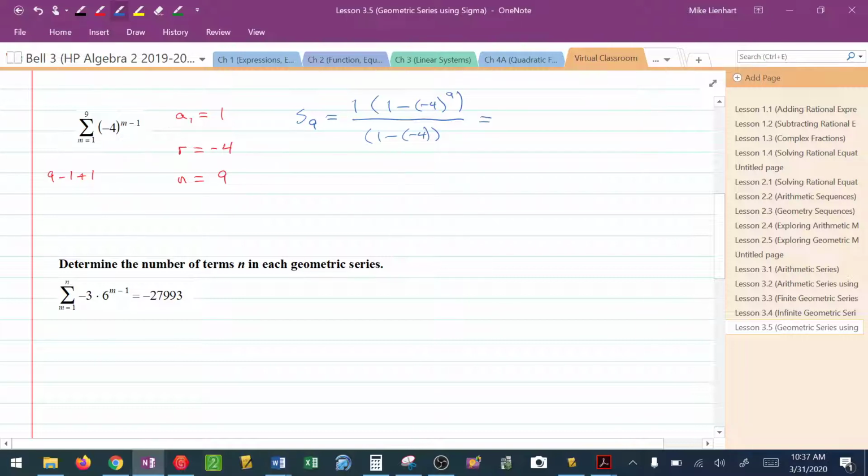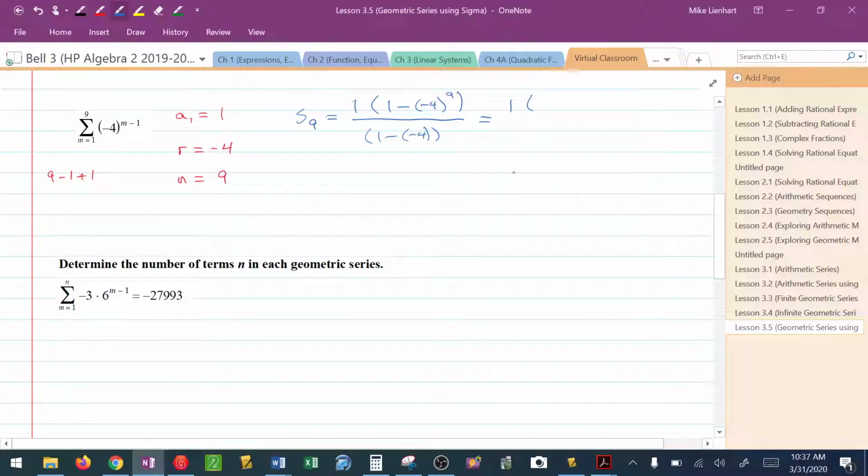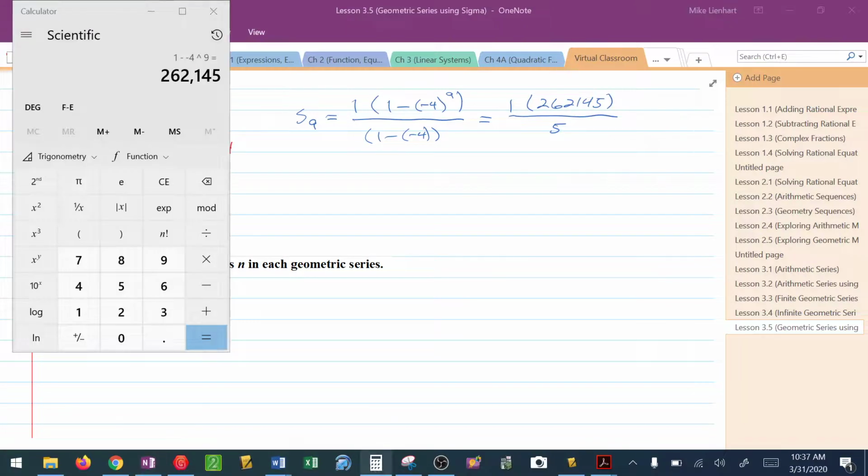Let's see what we get here. I have 1 times, we'll grab a calculator, 1 minus negative 4 raised to the 9th. I think it's 262,145, divided by 5. I want to double check myself here.